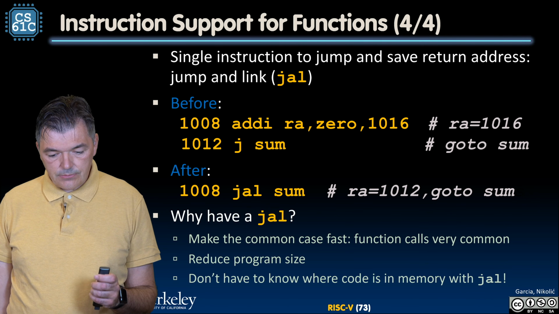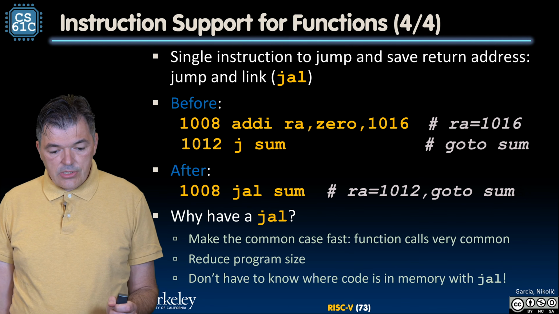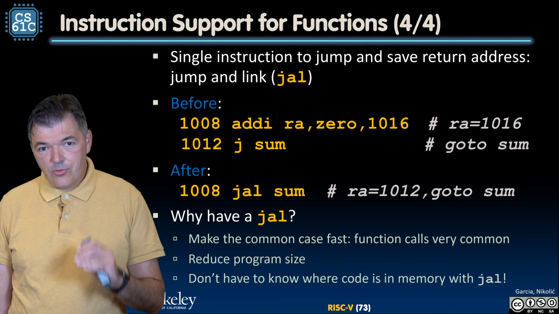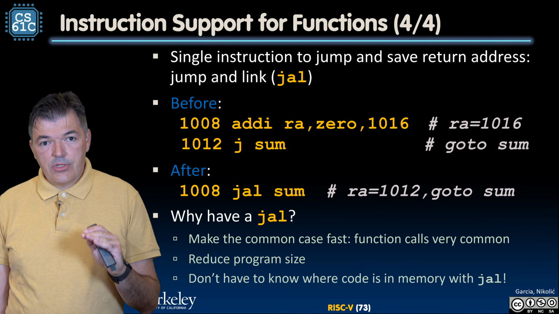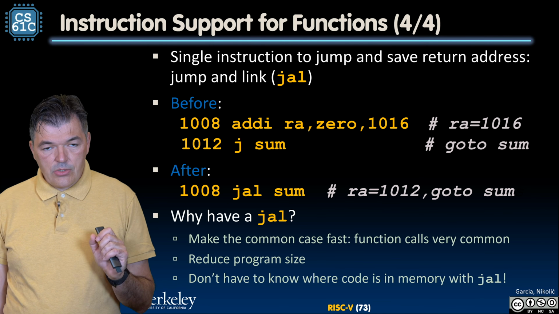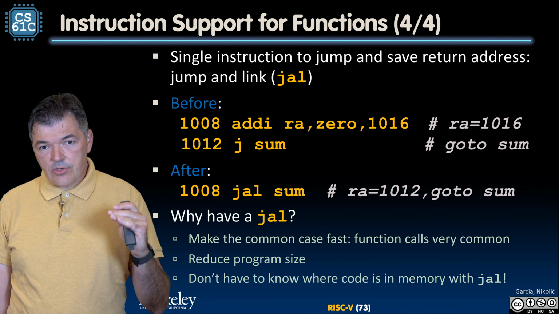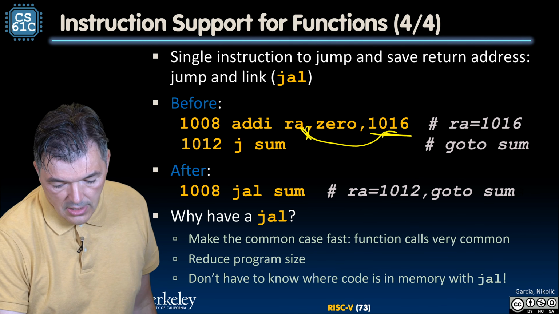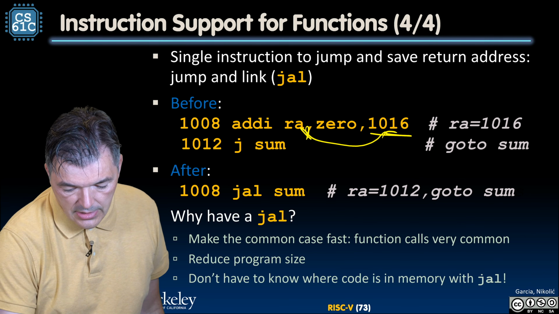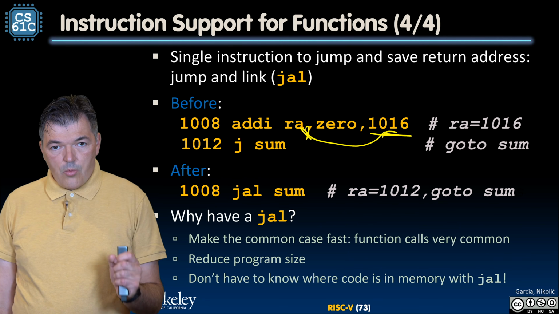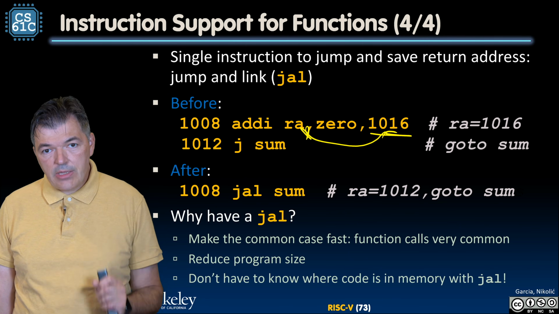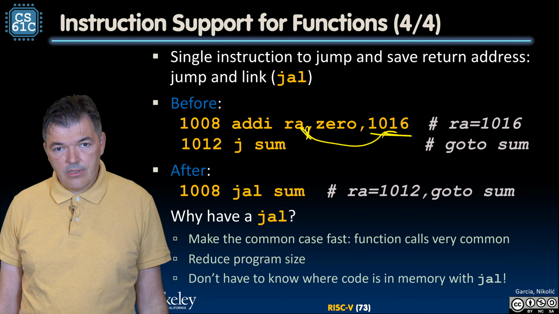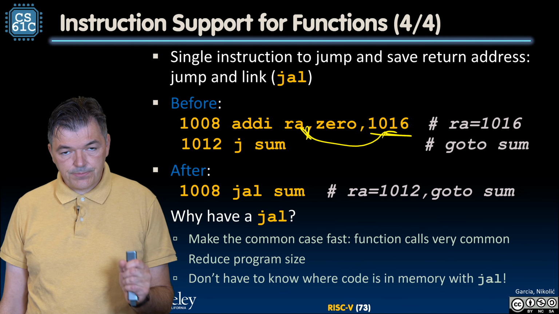All right. What is instruction support for functions? We actually have a new instruction here, very useful, called jump and link. So instead of using two instructions to jump to the function, which is saving the value of the next instruction in RA and then jumping to the sum, we can just write JAL sum, and that automatically saves the next address in the code as the return address in X1.